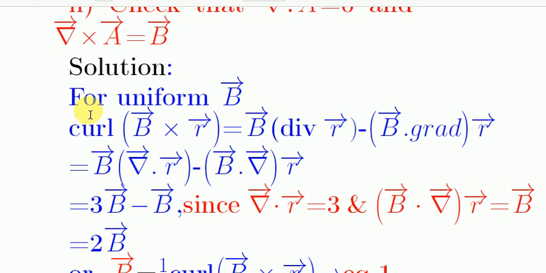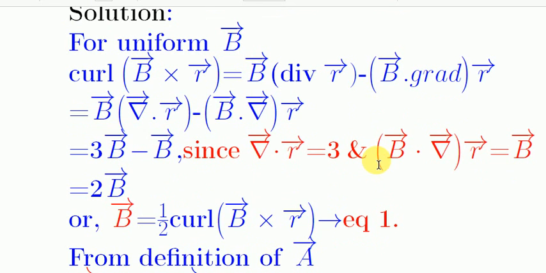So for a constant vector we can write this vector identity. In the next line, it is very easy: B times del dot R, that is divergence of R, minus B dot del operator times R.